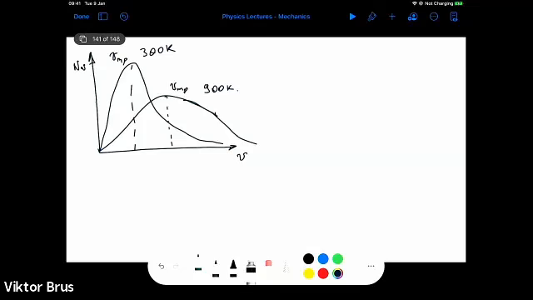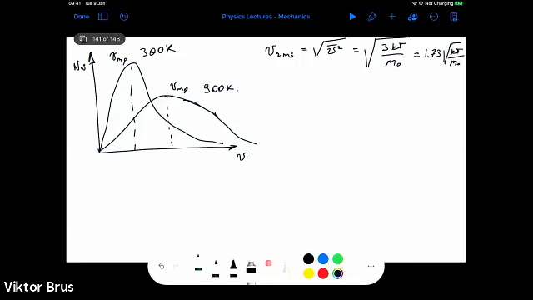So now we can introduce three characteristic speeds, which are important in the kinetic theory of ideal gases. One we already know, this is VRMS equal to the square root of the average v squared, and this is equal to the square root of 3kT divided by m naught, equals 1.73 square root of kT divided by m naught.